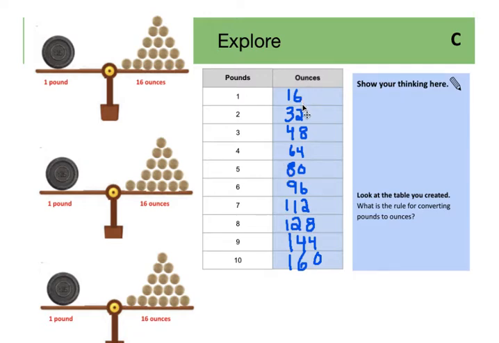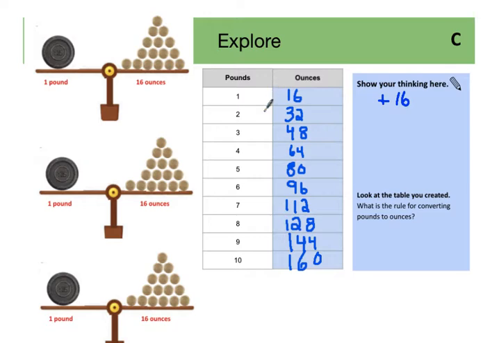Well, going down the ounces column, one of the rules is that you could add 16. If we add 16, we get to the equivalent for the next pound. So for 11 pounds, we add 16 ounces and get 176.